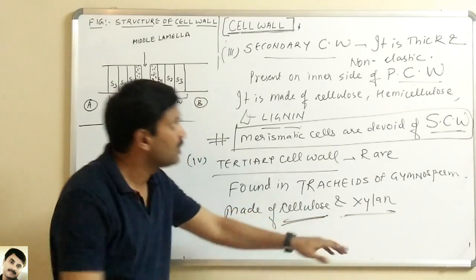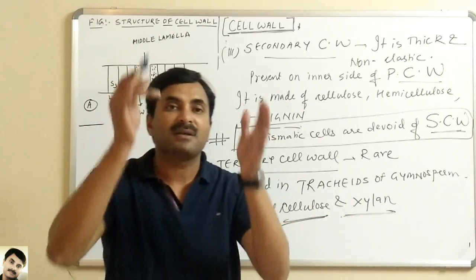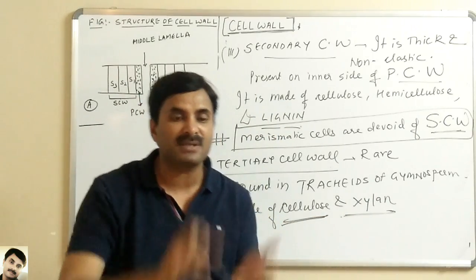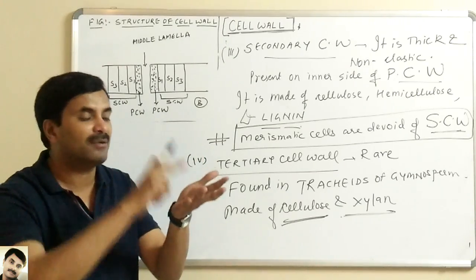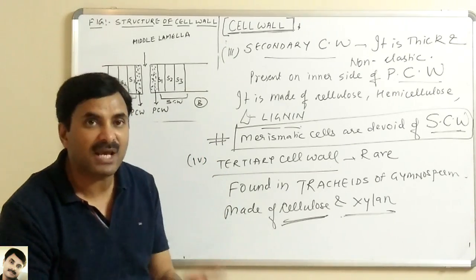Carbohydrate is deposited on it. So altogether we can say that the cell wall is composed of four components: the middle lamella, the primary cell wall, secondary cell wall and the rarely found tertiary cell wall.